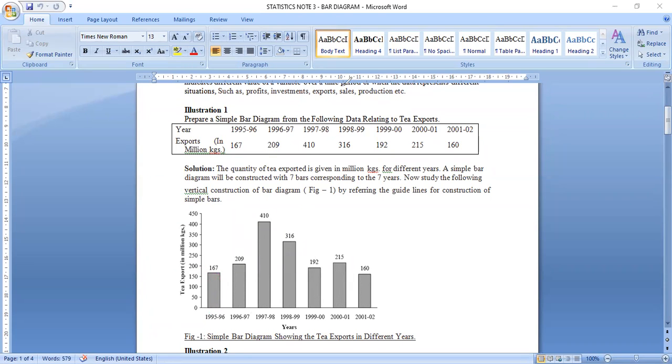Then like 410, similar approach. Then 316. 316 is nearer to the 300. See this line. So you can tell 316 is like here. Okay. 192 is almost nearer to the 200, just below the 200.